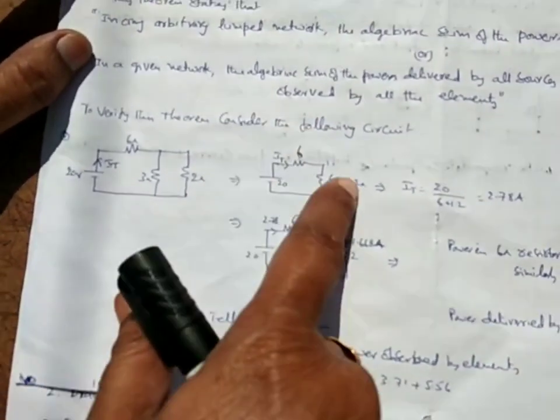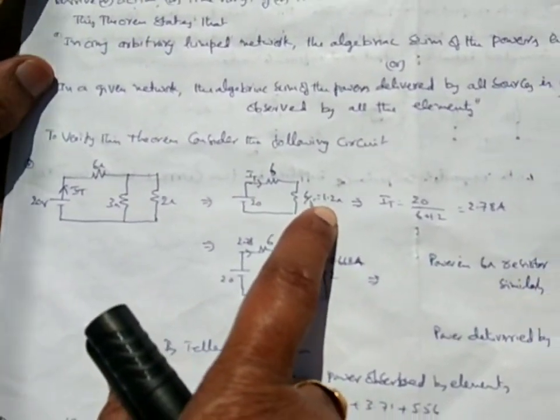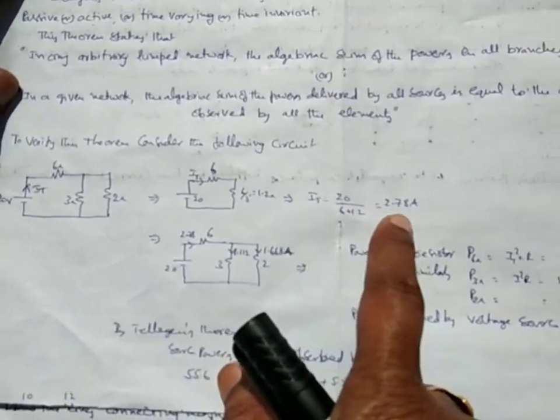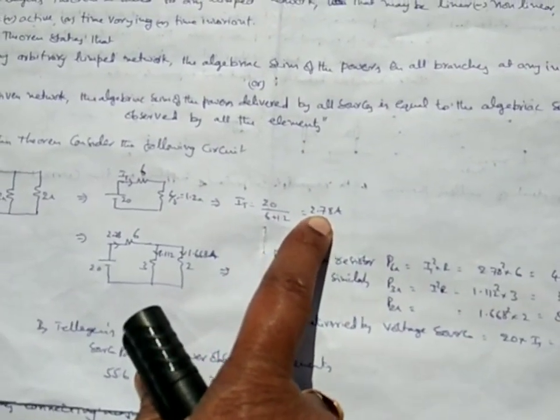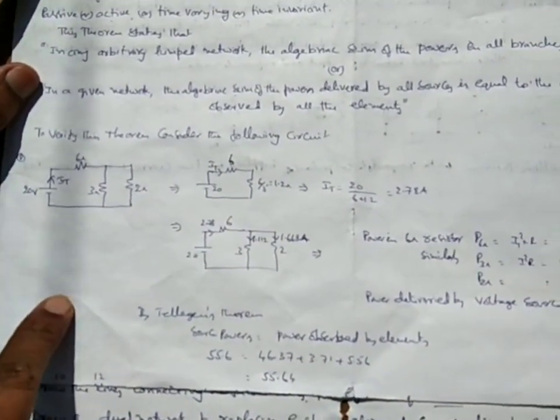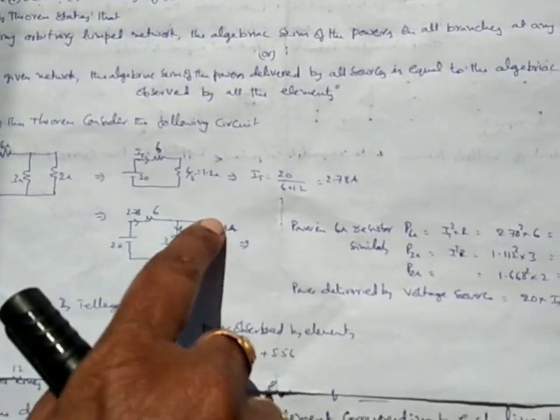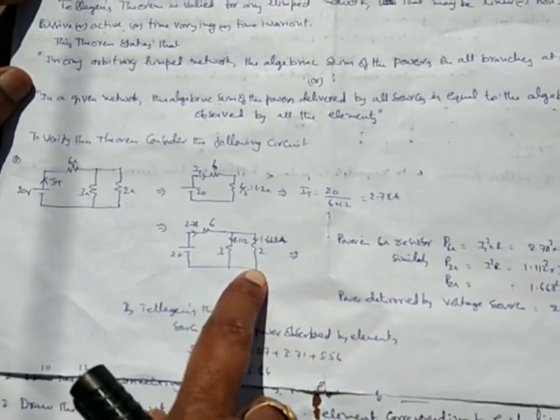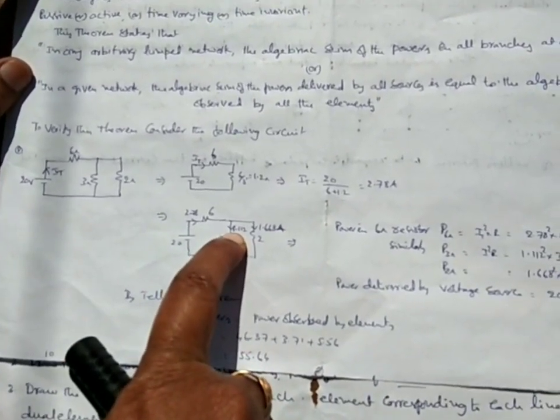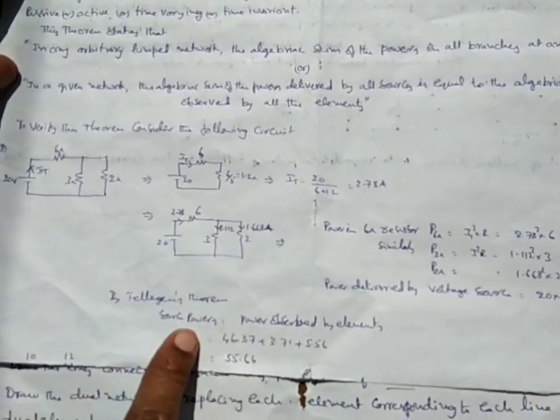Total resistance is 6 plus 1.2, that is 7.2 ohms, and current is 20 by this total resistance, that is equal to 2.78 amperes. So this is the total current delivered by the source. Next, by current division, currents in these two branches are found. Those two currents are 1.112 in 3 ohms and 1.668 in 2 ohms.